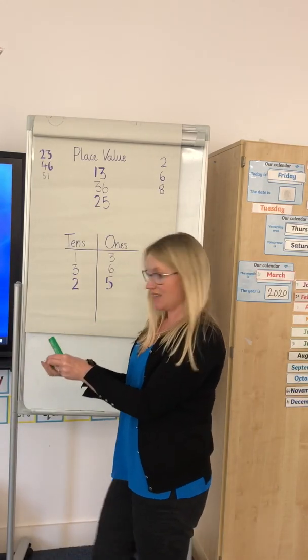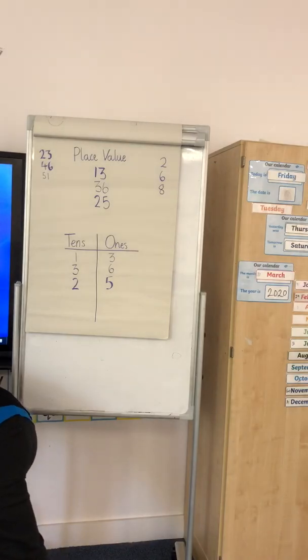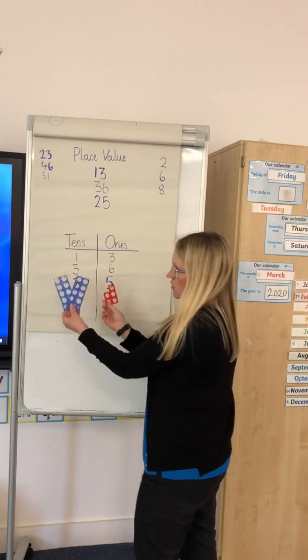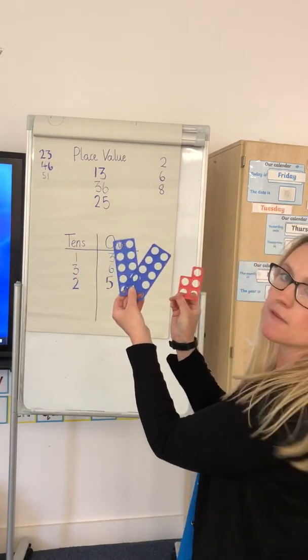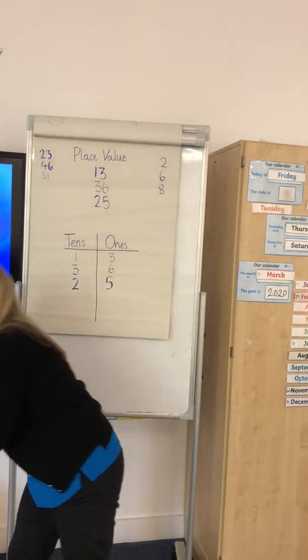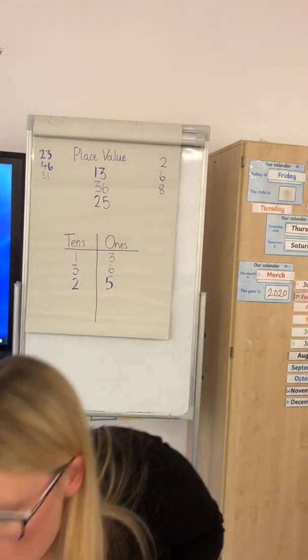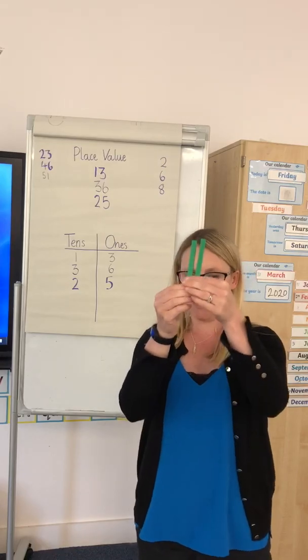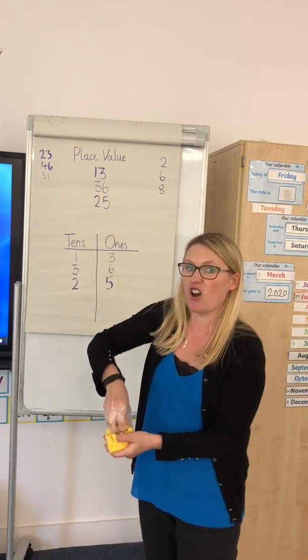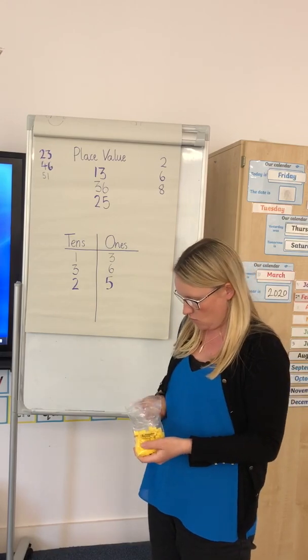And now I'm going to represent that with Numicon. So that would be 25. 2 groups of 10, 5 ones. And finally with Dienes, 2 groups of 10 and 5 little ones.